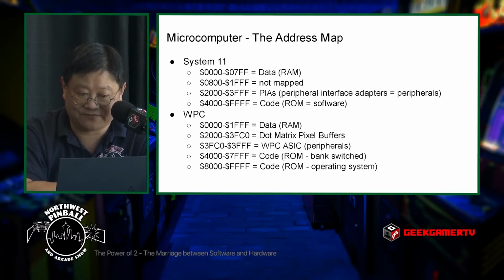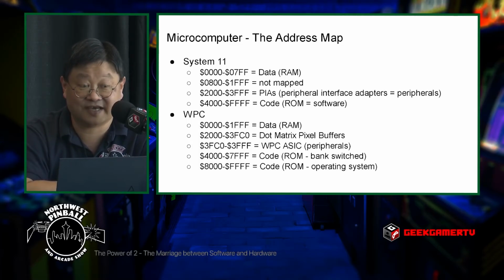The rest from 800 to 2000 is not mapped. You can touch that address all you want in software. There's nobody listening. That goes into the ether. 2000 to 4000 is where all the peripherals are located. And 4000 to the end of the address space is code.